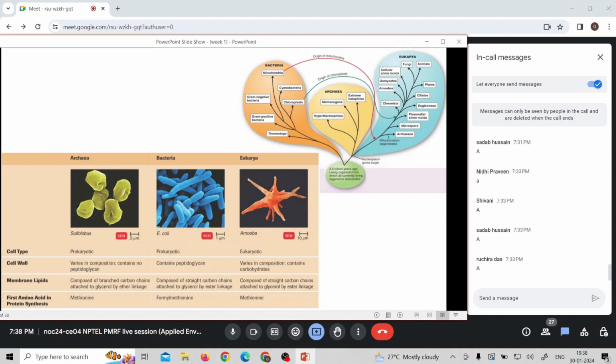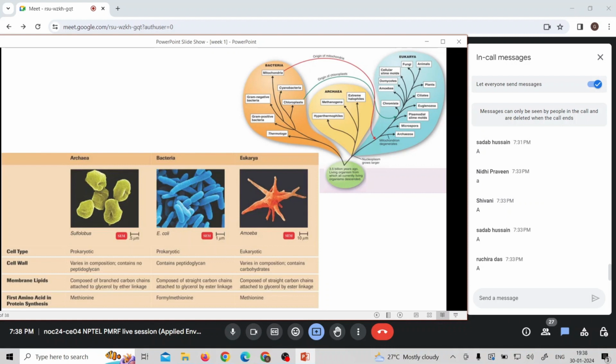Right, Nidhi Praveen, you are exactly right. Both mitochondria and chloroplasts have genetic material. As we discussed in one of the previous questions, mitochondria's distinguishing feature is that it has genetic material. Similarly, chloroplasts also have genetic material apart from the nucleus of the cell.